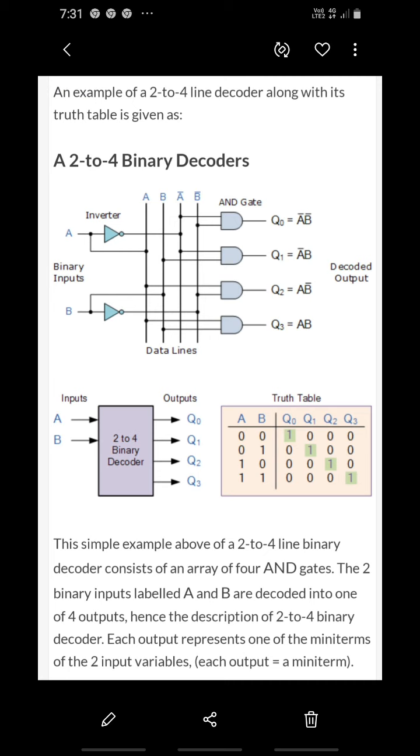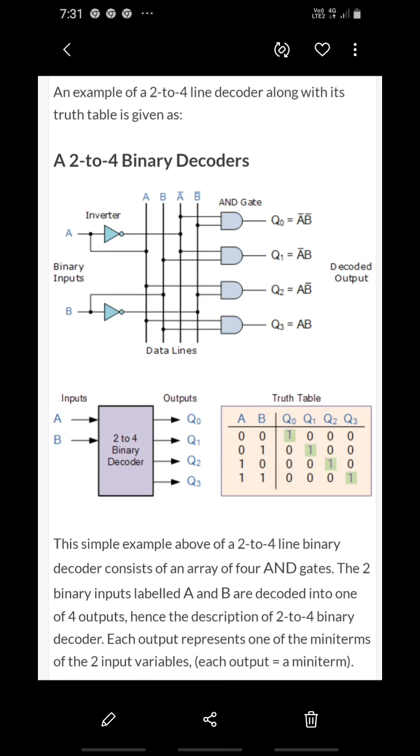By using these outputs, we can draw the block diagram of the 2 to 4 binary decoder. First output Q0 is equal to A bar B bar, so take A bar and B bar and draw the AND gate. The next output Q1 is equal to A bar B, so take A bar and simple B and draw the AND gate.